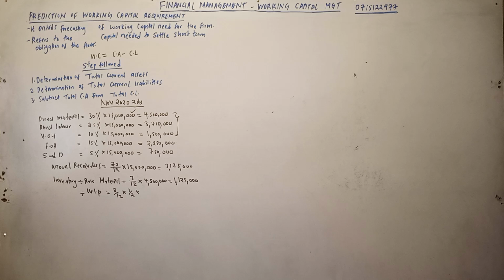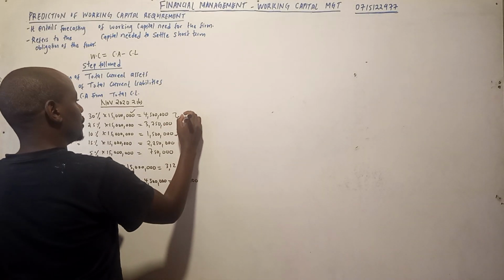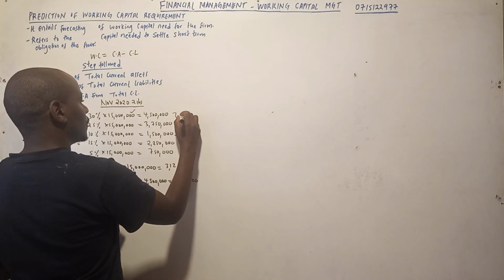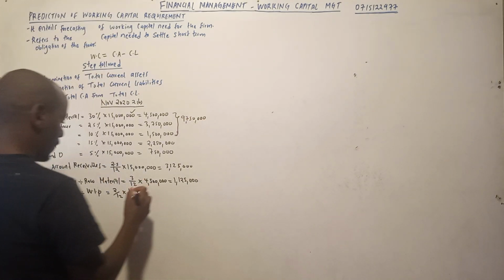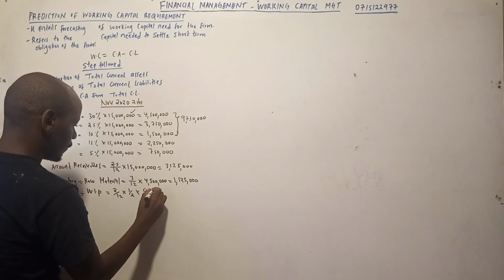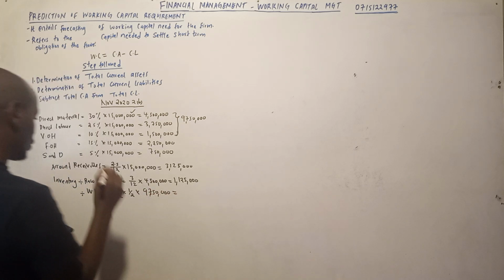Work in progress and finished goods are valued at material, labor, and variable. So they are valued with those 3 amounts, so 9,750,000 is correct. So you come and say here 9,750,000. So that's work in progress.